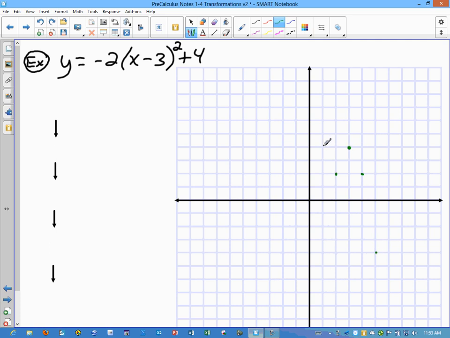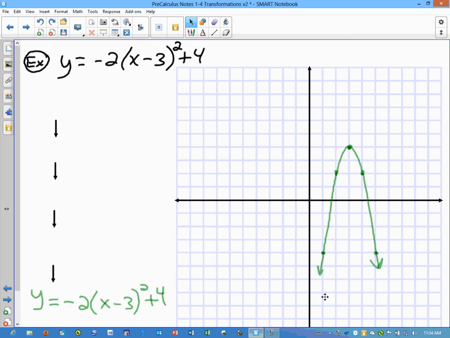And then 2, 8. So with those 5 dots, I can plot those just by looking at the equation and knowing what to look for. I can go right to those 5 dots, and once I have those 5 dots, I can draw a nice smooth curve through them, and that is your correct graph. That would be the correct way to think your way through that problem.